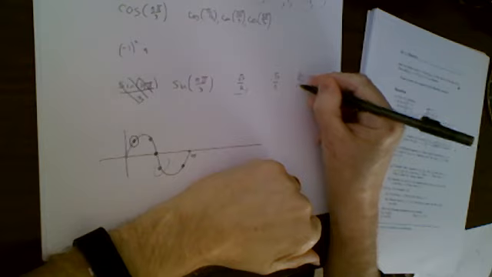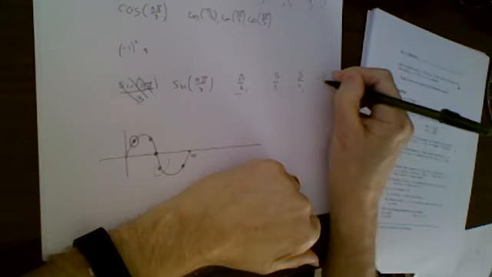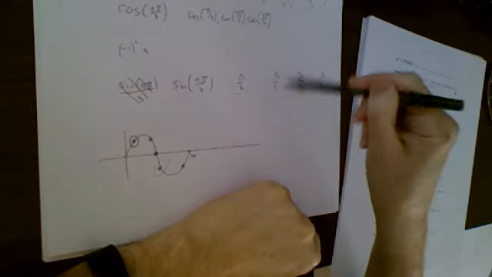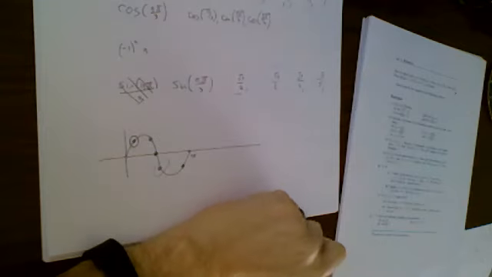So this particular sequence is going to have an infinite number of square root of 3 over 2's popping up. It will have an infinite number of negative root 3 over 2 popping up.